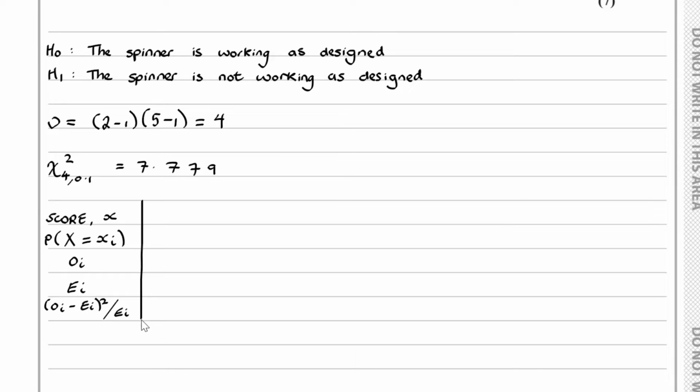So we've got our scores 1, 2, 3, 4 and 6. And we've got those probabilities.